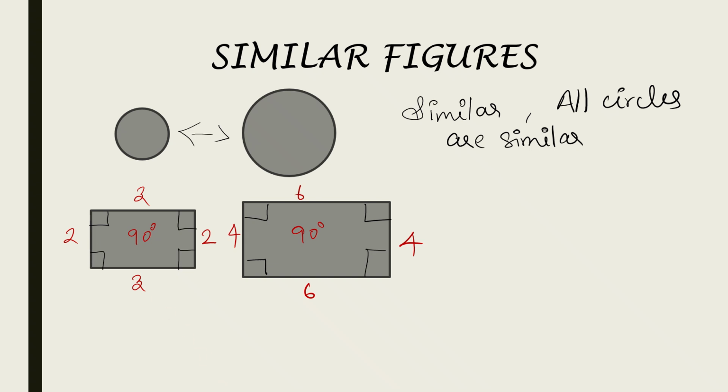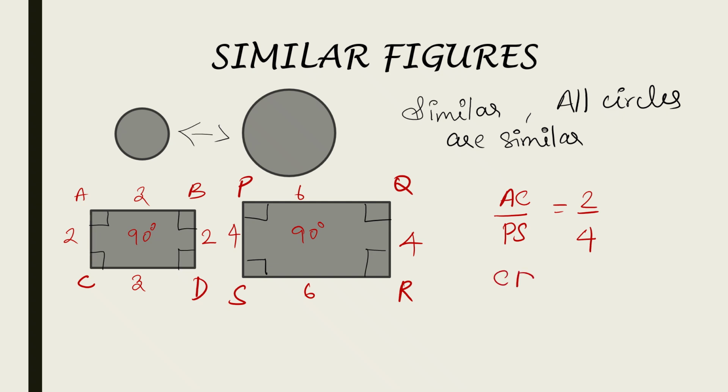Let me mark it as A, B, C, D, and P, Q, R, S. Here you can see AC by PS, that is 2 by 4. And similarly CD by SR, which is 3 by 6. Both are proportional, 1 by 2, 1 by 2. So the sides are proportional.